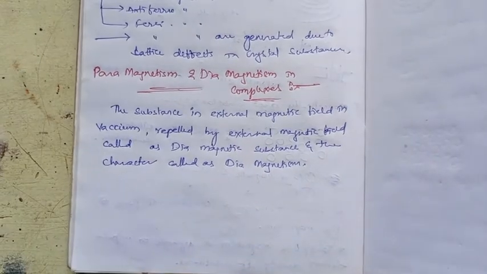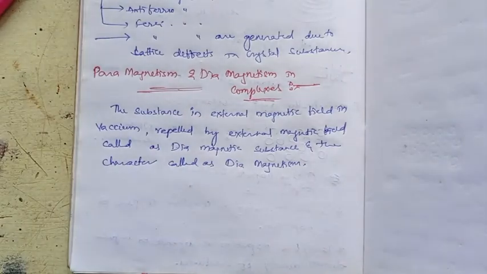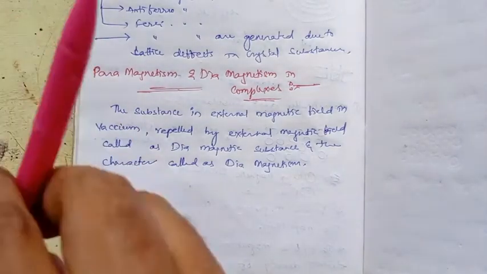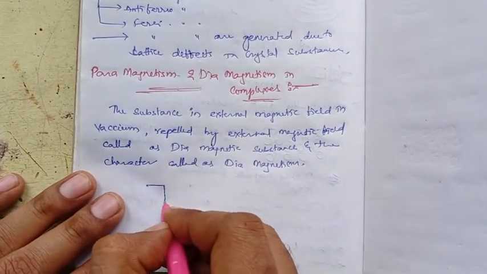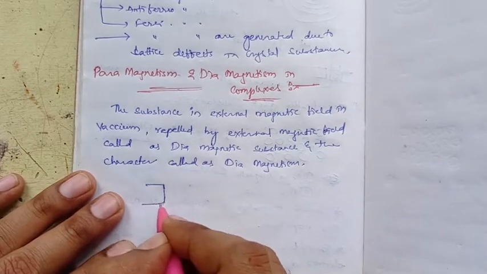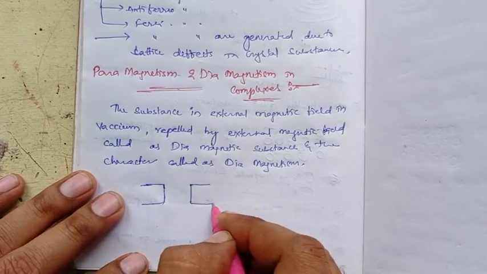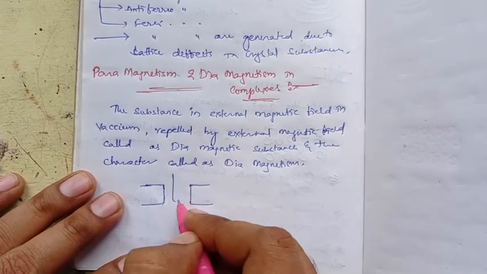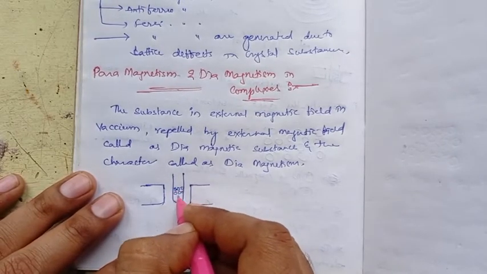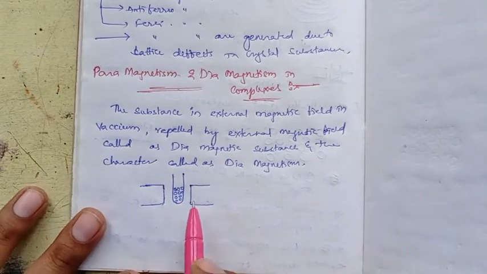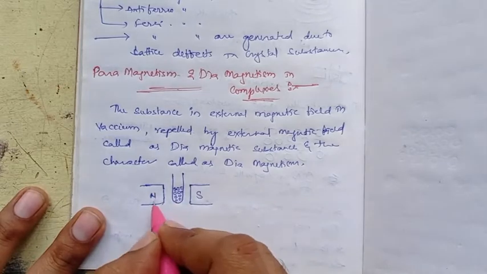This is known to you, but why does it happen like that? Why should diamagnetic substances be repelled by the external magnetic field? Maybe it is unknown, or some may know, but I will express the exact thing here. Let us take a diamagnetic substance placed in an external magnetic field.